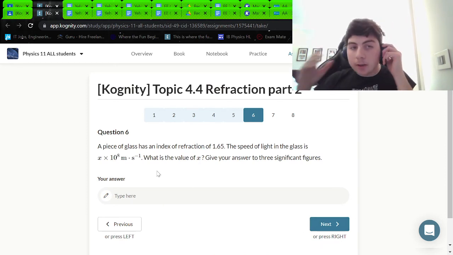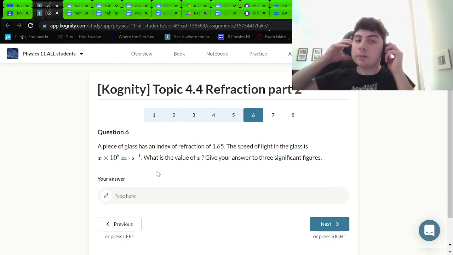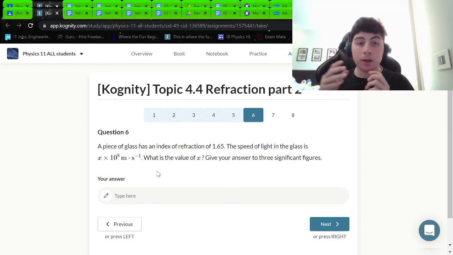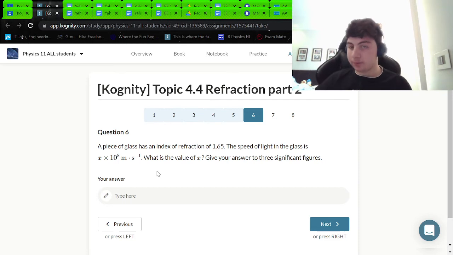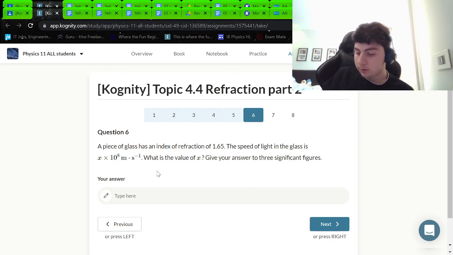Excellent. Next: a piece of glass has an index of refraction, speed of light in glass is something times 10 to the 8. What is the value of x? So glass, the refractive index for it, n is c over v, and we know that it's 1.65, and it's something times 10 to the 8.